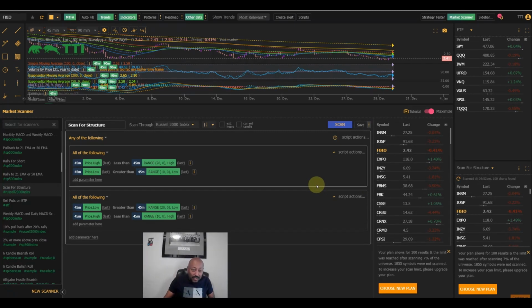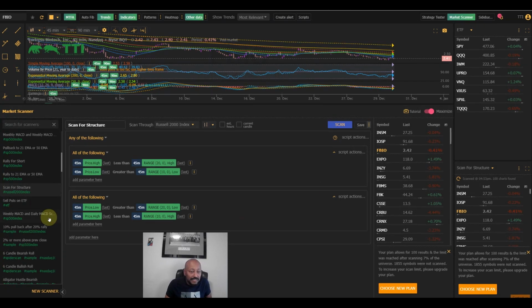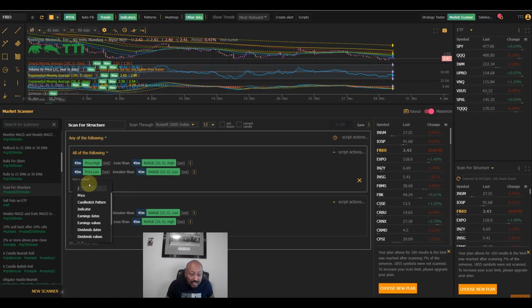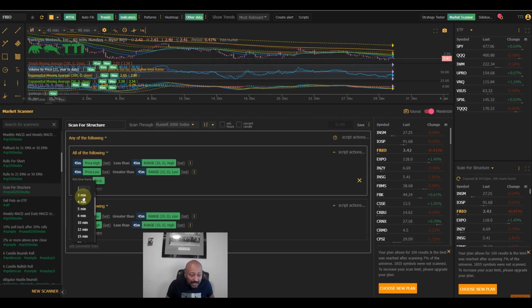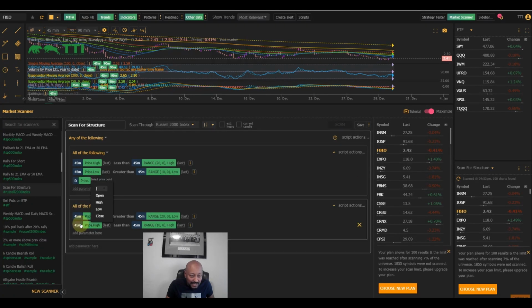So what we're going to do is add to each one a condition, and my condition would say I want the close on the daily to be less than constant value, let's just say 200.